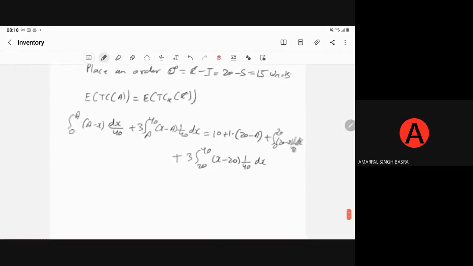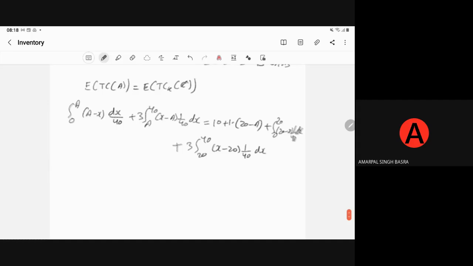So now, using this integral equation, we have to determine the ordering point.